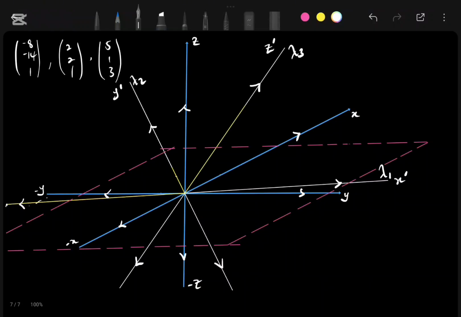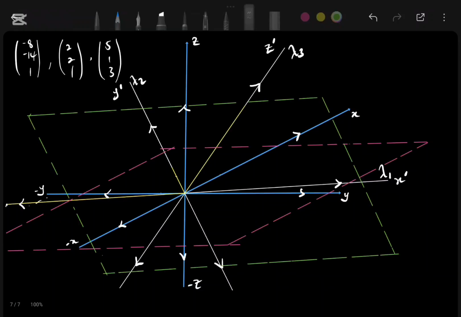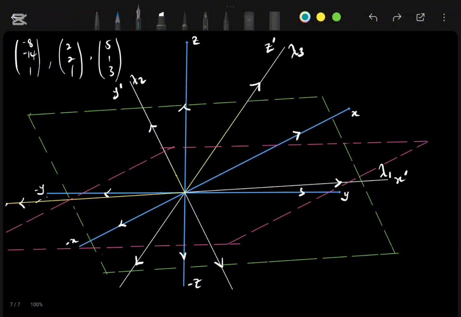We are going to treat our x prime, y prime, and z prime as our new coordinate system. So we are going to draw another phase plane for that one with a different color. Our solution will be in this form.